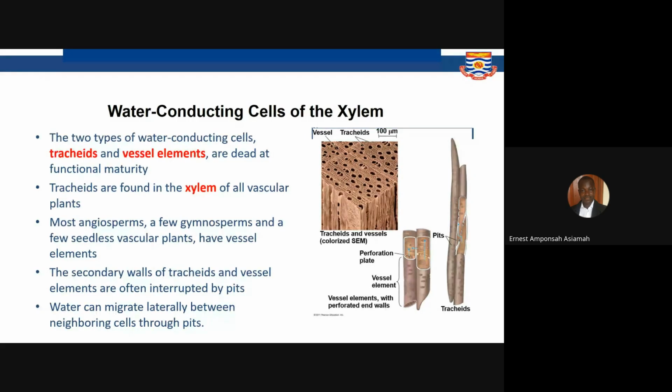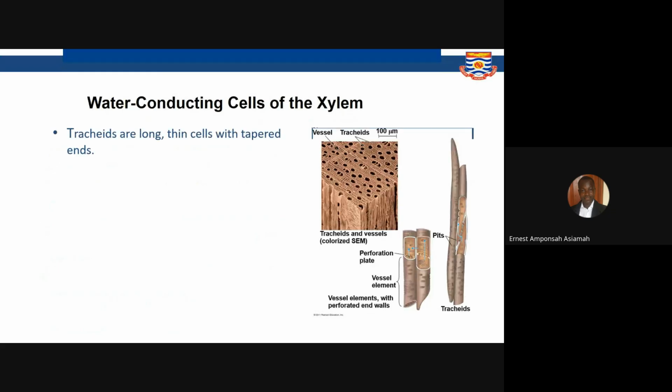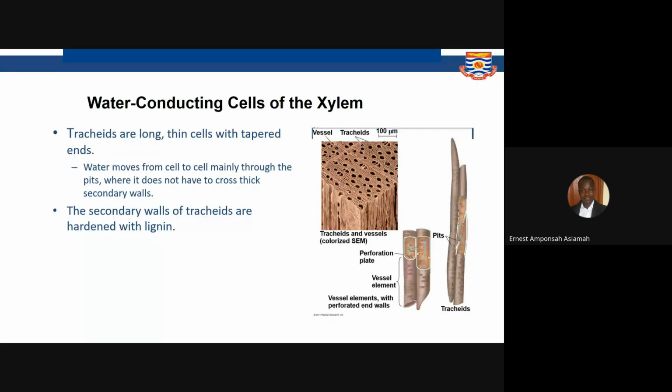The water is able to move laterally. The tracheids can also move water laterally. Similar to the sclerenchyma cells, the cells of the xylem have their walls thickened with lignin.